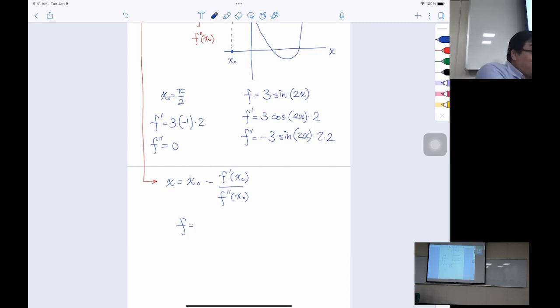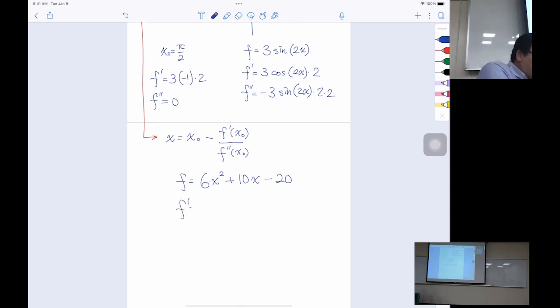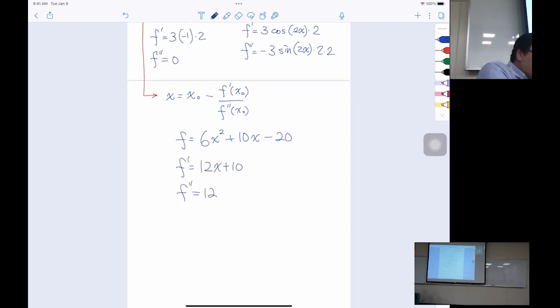Let's try it, okay? If I have a function f, it has to be second order, then this equation is correct. For example, 6x squared plus 10x minus 20, something like this. F prime is 12x plus 10, f double prime is 12. So if I make a guess, x0 equals 5, then I plug into that function: 5 minus (12 times 5 plus 10) over 12.